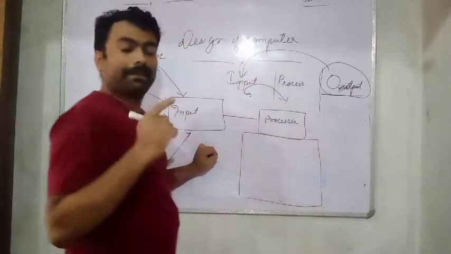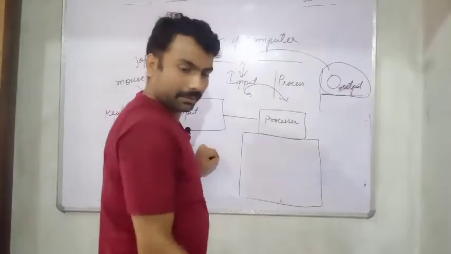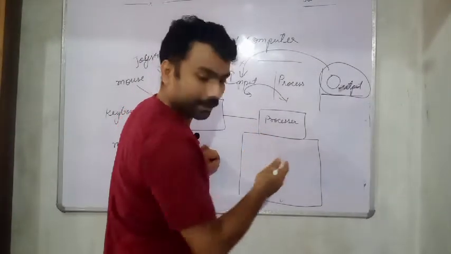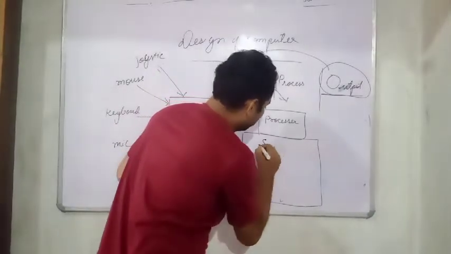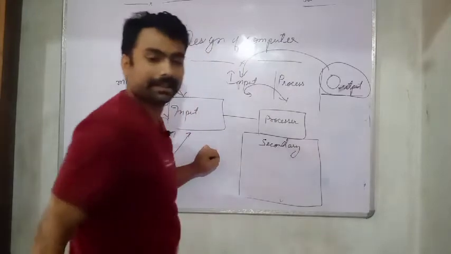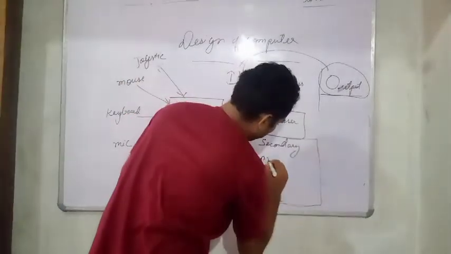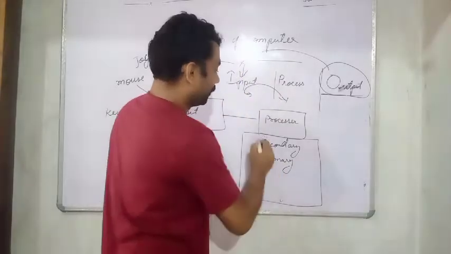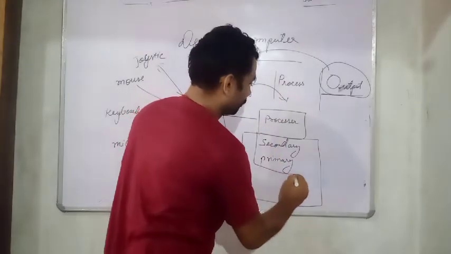In processing we can also say the storage unit. Secondary unit is there, primary unit is there. In the storage unit, this comes.